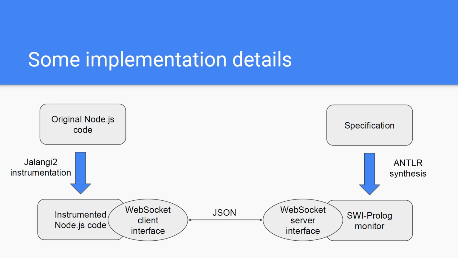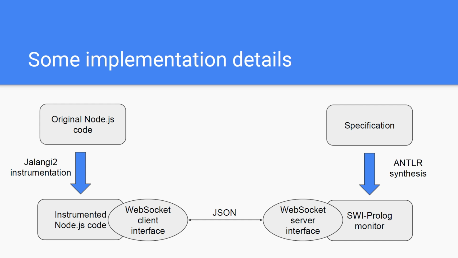Some implementation details. So this really works. We have been working on the tools, and we're still working on that. In this case, instrumentation is based on the tool Jalangi 2, which performs static instrumentation.